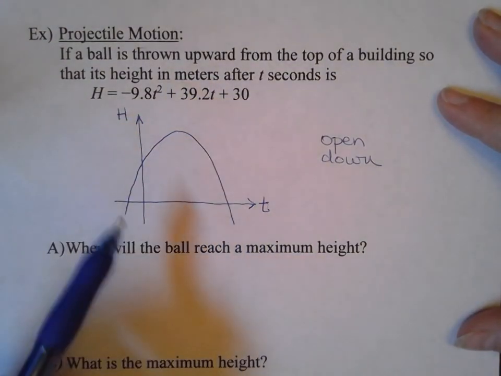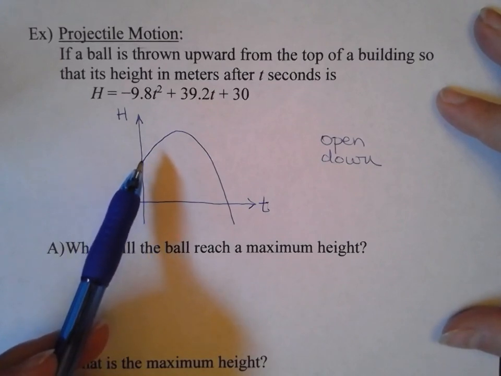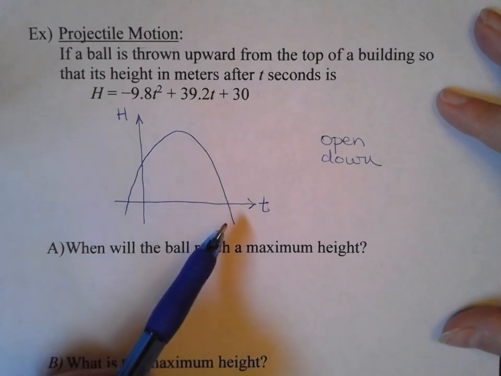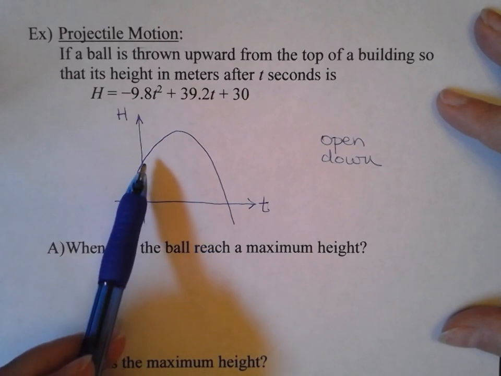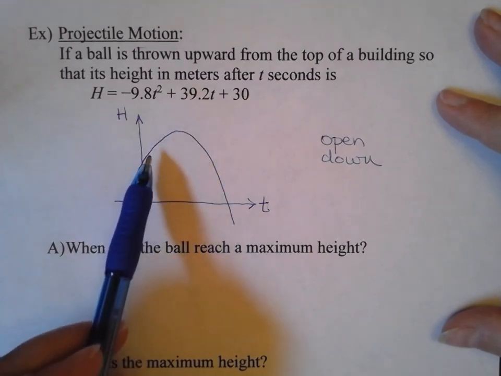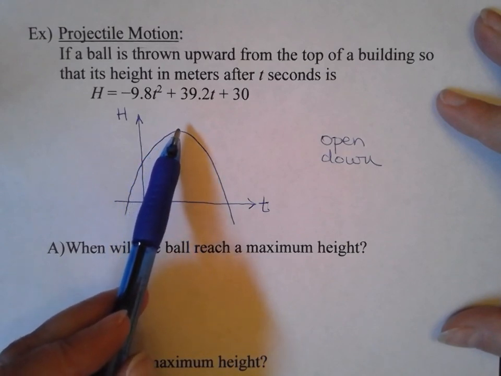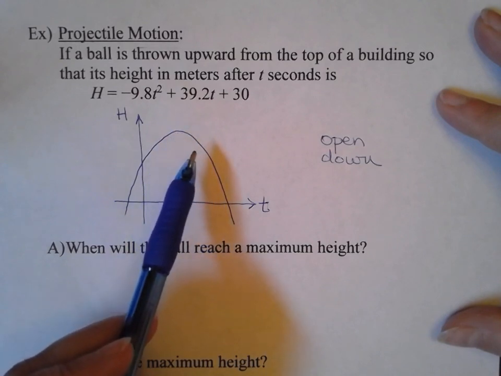Okay, and I always like to emphasize this because the ball itself may or may not be traveling in a path that looks like this, but as time progresses, the height of the ball is going up. I'm at the top of the building and I throw my ball up, it's gaining height, and then it reaches a maximum height and gravity takes over, and then as time goes on, the height is going down.